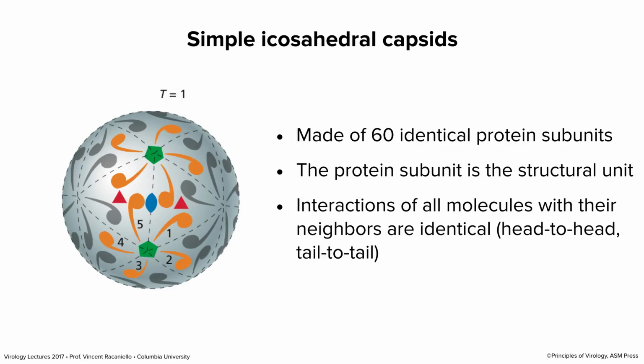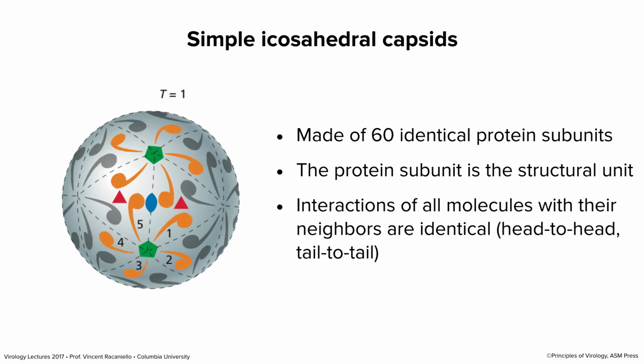So let's start with a simple icosahedral capsid. This is called a T=1 capsid. What that means will be evident in a moment. Here we can take one protein and repeat it 60 times. That's the simplest icosahedral capsid we can make.